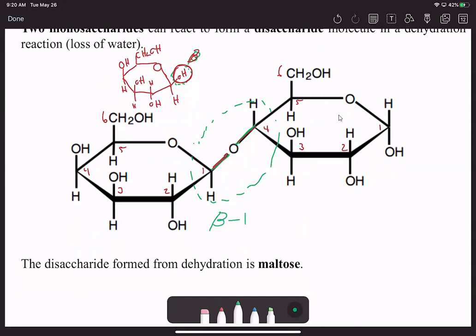It's bonded at carbon number 1 and bonded again at carbon number 4. And then I'm just going to add the term that we need to memorize, glycosidic bond. So this is a beta 1,4 glycosidic bond.